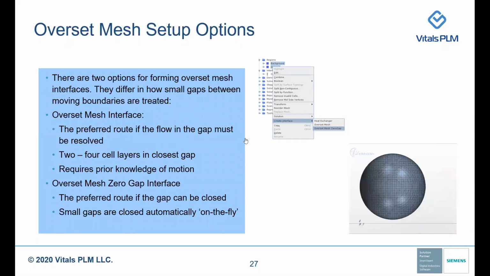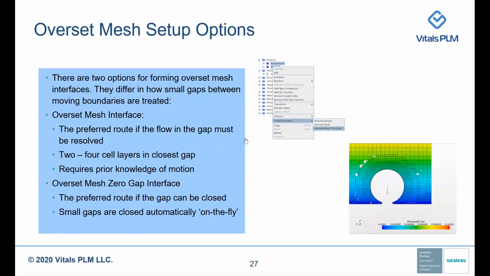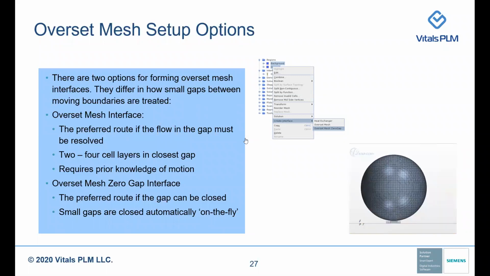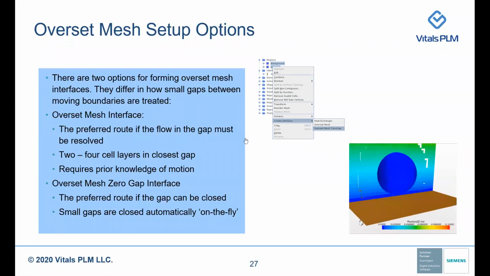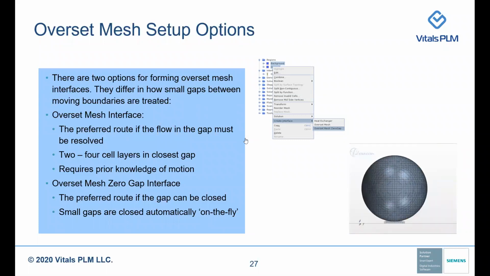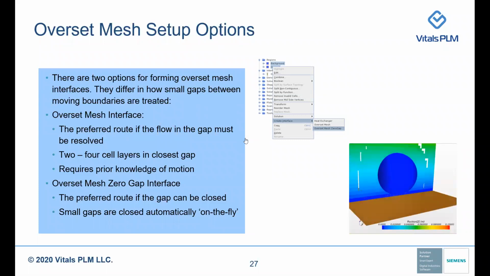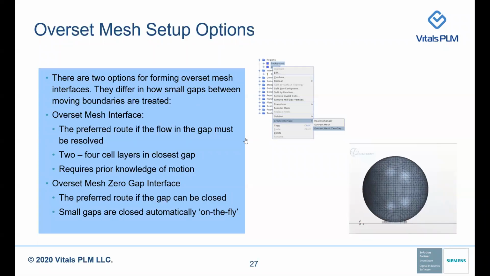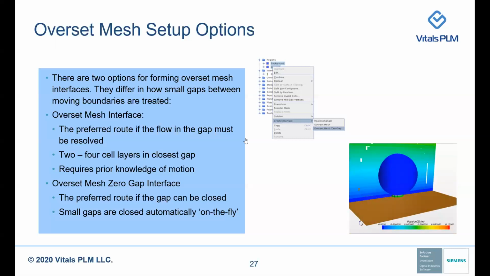If it is a small gap that needs to be resolved, the preferred choice is the overset mesh interface. On the other hand, if the gap is zero and there is a need to close the gap tightly, the preferred choice is the overset mesh zero gap interface.